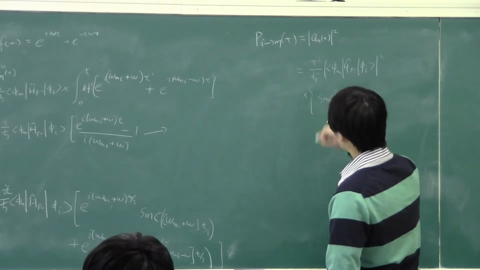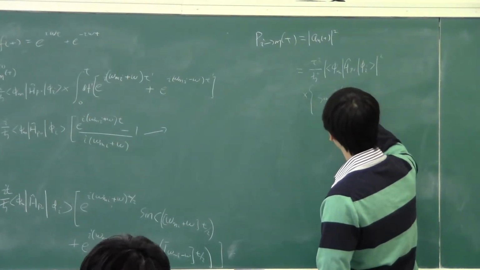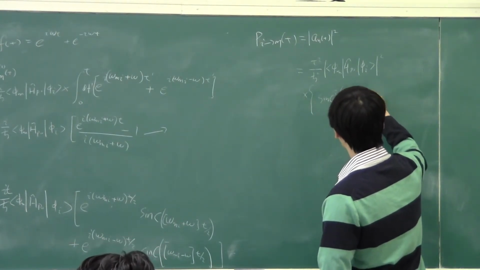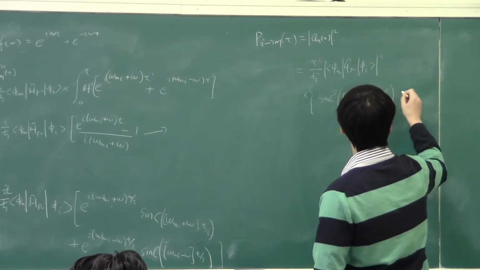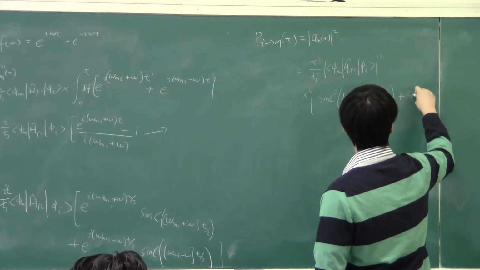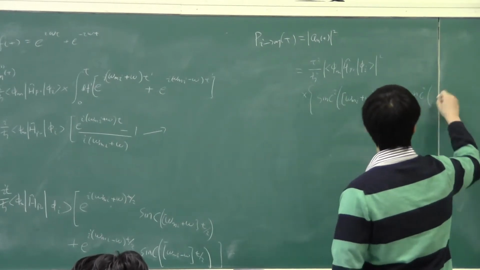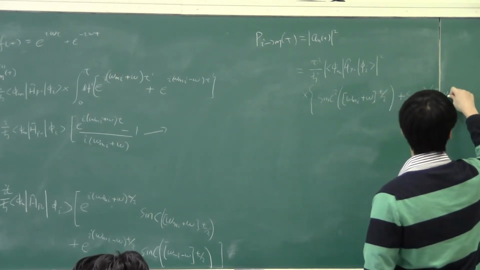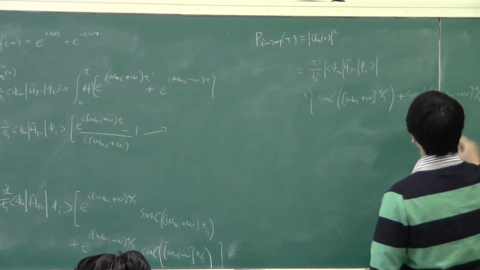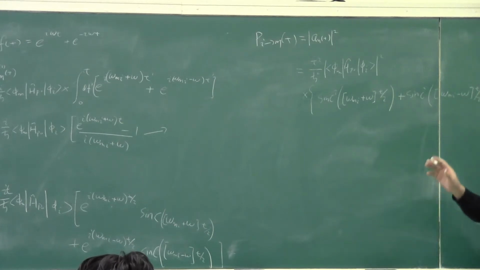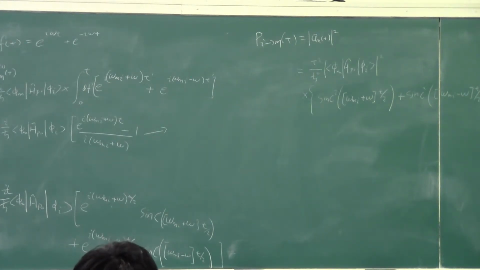So these are sinc squared, (omega_mi plus omega) t over 2, plus sinc squared (omega_mi minus omega) t over 2. Okay. So this is the probability that I started from the I state, and under the sinusoidal perturbation, I'm going to transition to the M state at time t.